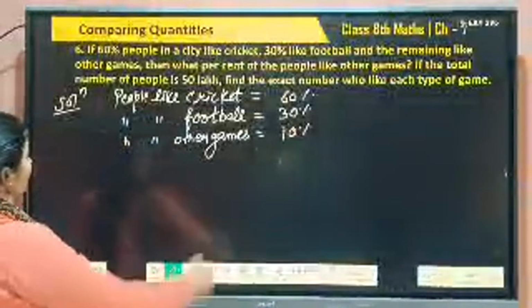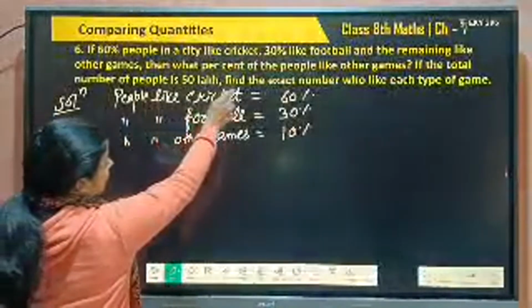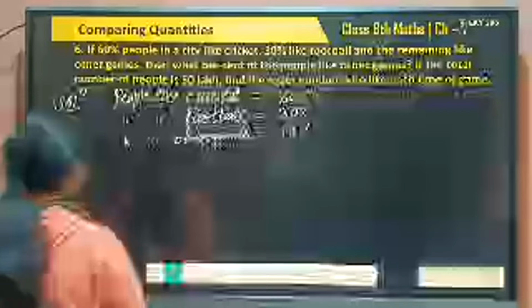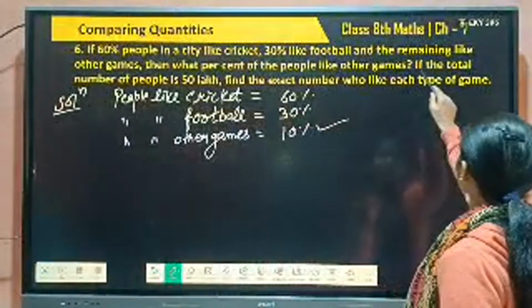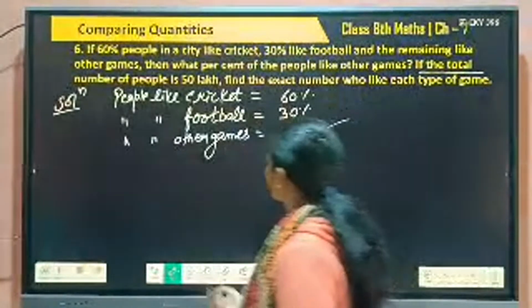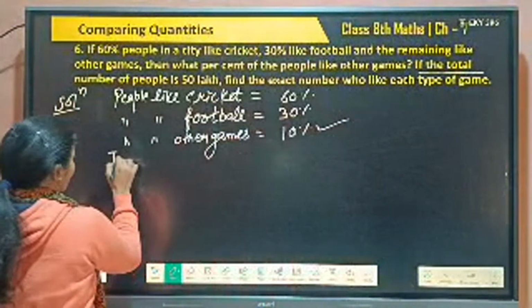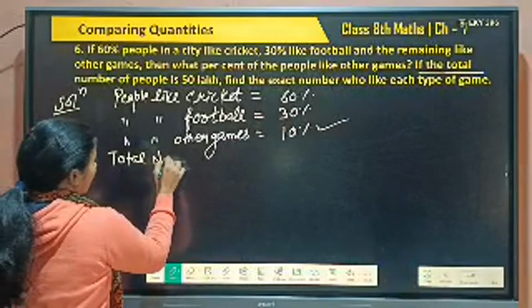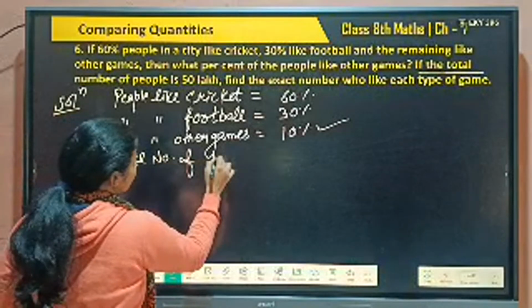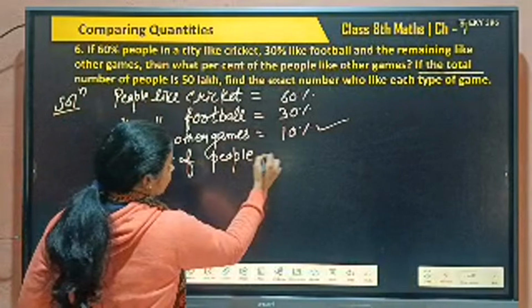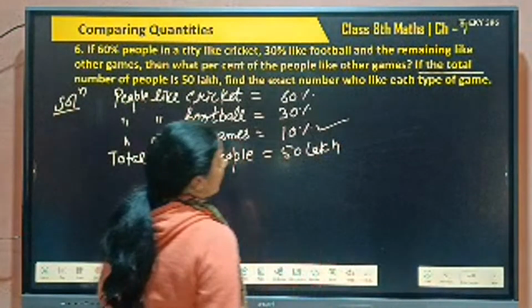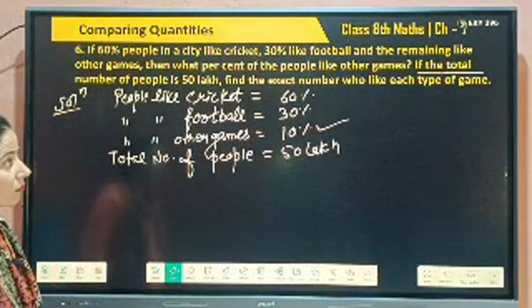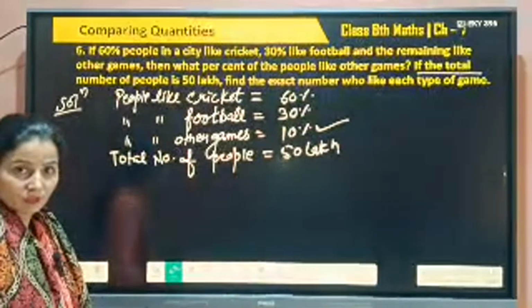Then what percent of the people like other games? These are 10%. The total number of people is 50 lakh. Find the exact number who like each type of game.